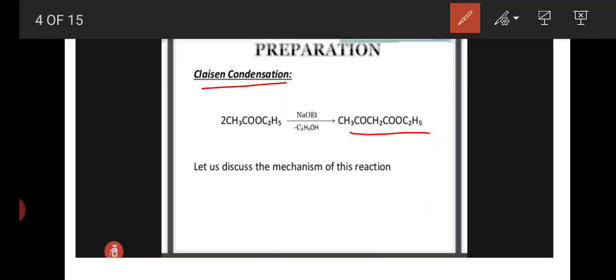Okay, students, what is Claisen condensation? 2 moles of ethyl acetate react with each other in the presence of sodium ethoxide, lose ethyl alcohol and form ethyl acetoacetate. Okay, let us discuss the mechanism of this Claisen condensation reaction.